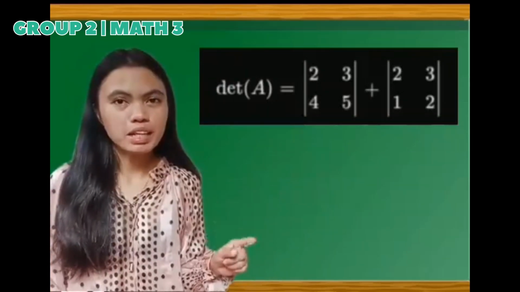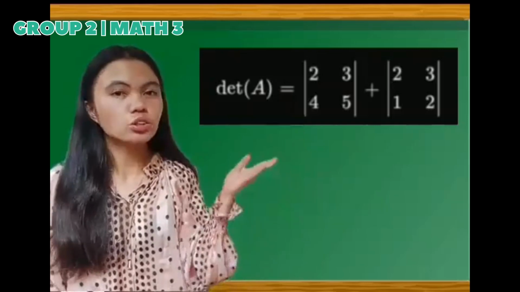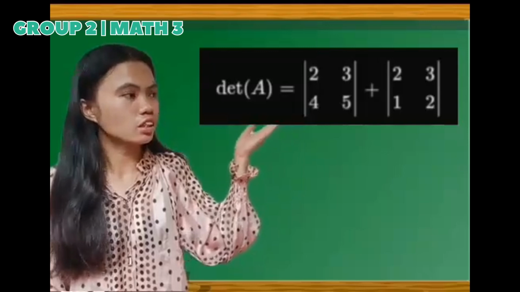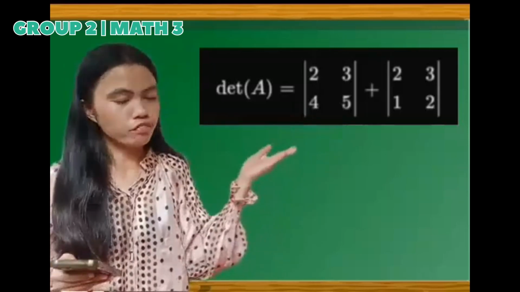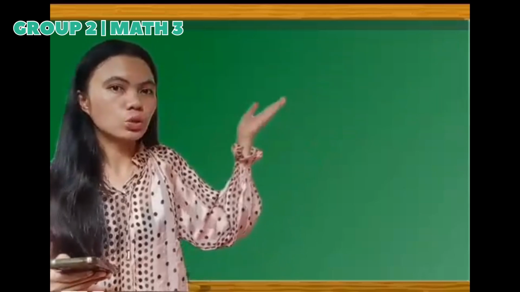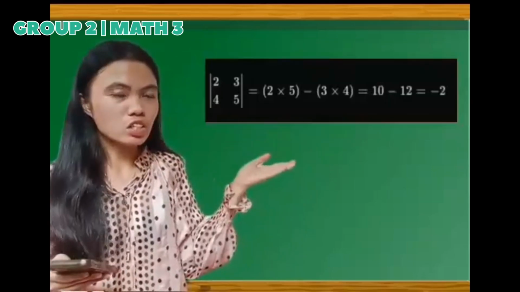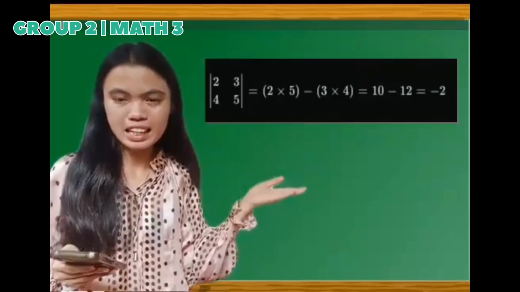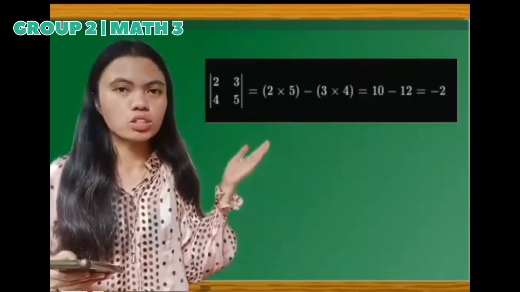And we will calculate the determinant of each matrix. So first, we will calculate for 2, 3, 4, and 5. To find the determinant of this matrix, we have 2 times 5 minus 3 times 4. 2 times 5 equals 10 and 3 times 4 equals 12.